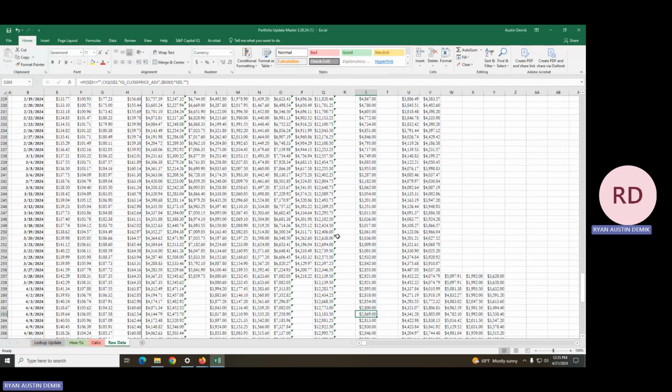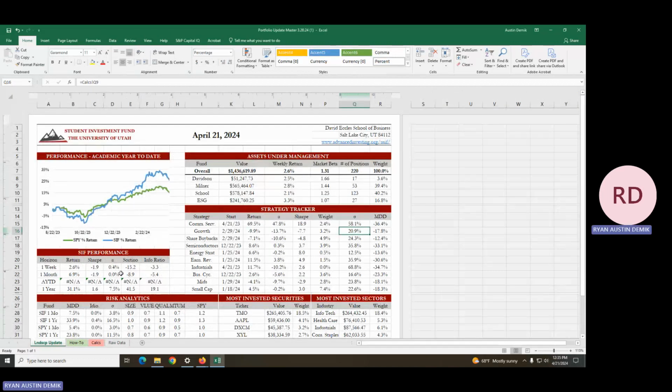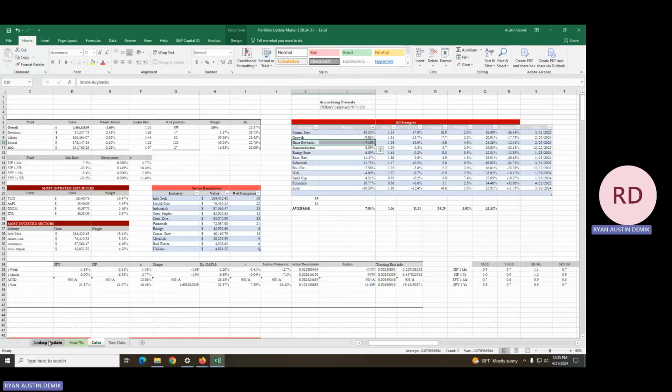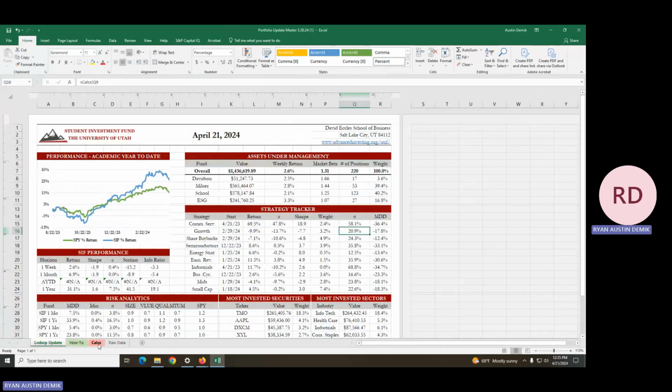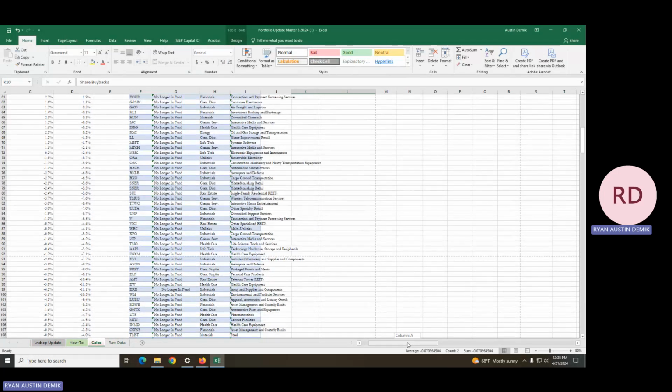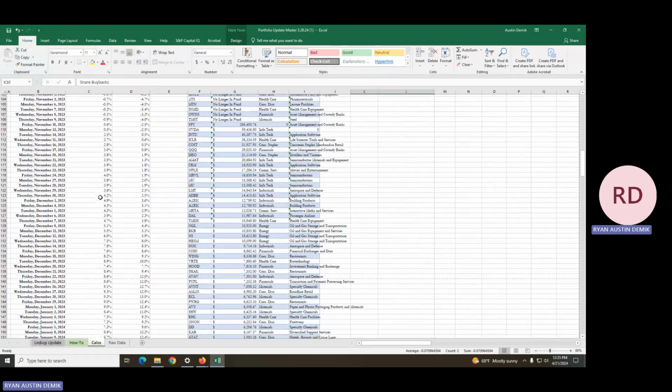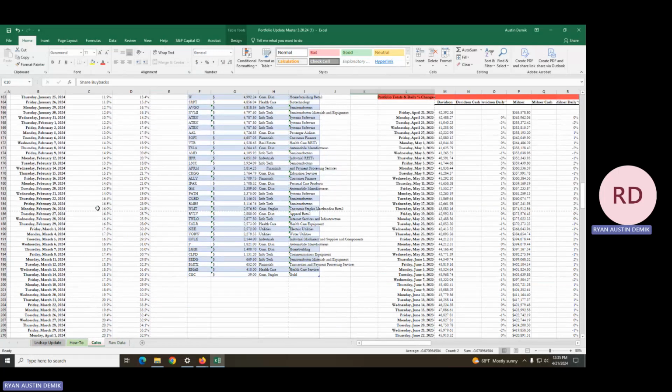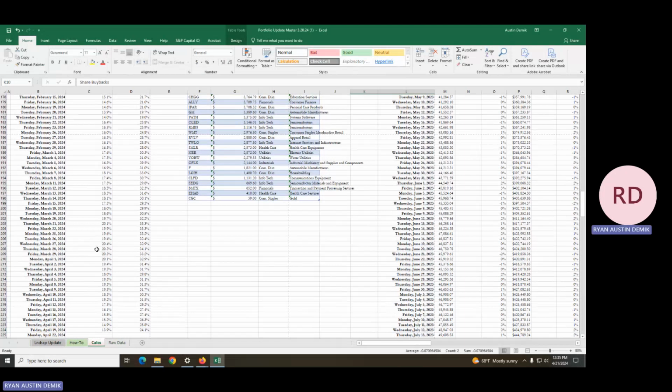And so now you're going to see in the landscape update a weird uptick in the strategy, or in the fund. So if we look at March 28th and 29th, right?